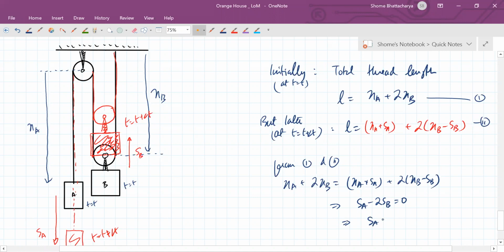So इनके displacement में ये relation है. Okay.